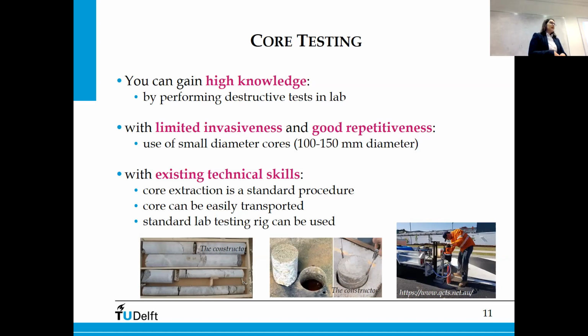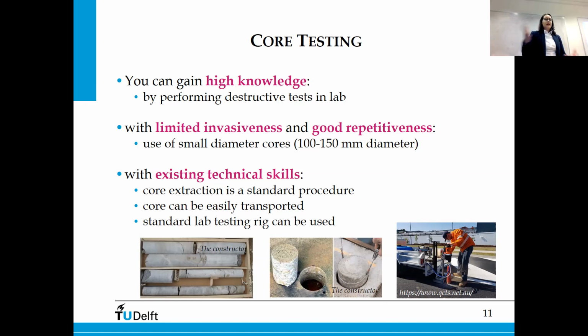Core testing is very well known in civil engineering because it is done for other materials like asphalt, concrete and rocks. And any contractor can take a core, you can easily pack it and bring it to the lab, so there is less chance to damage.